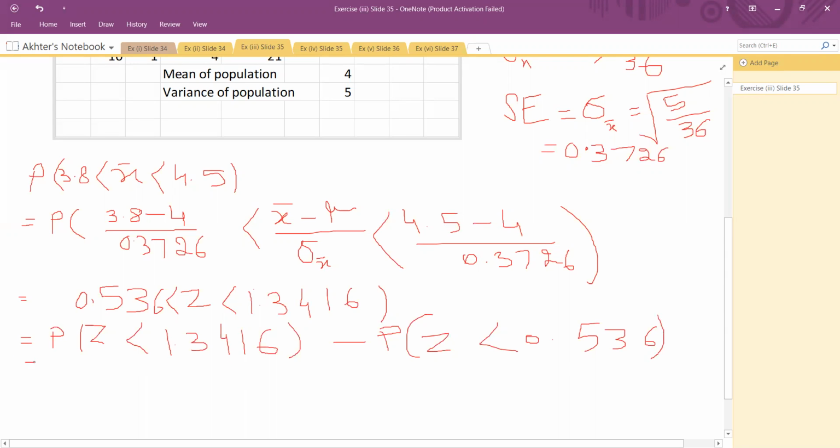This can also be written as F(1.3416) minus F(minus 0.536).